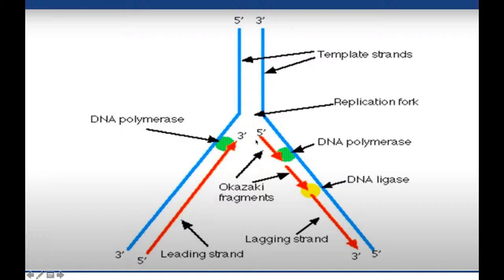On the other hand, the strand running anti-clockwise 5 prime to 3 prime also uses DNA polymerase. While doing so, there will be some gaps, some broken parts of our new template, and these broken parts will be called Okazaki fragments, and they can be fixed with the help of your DNA ligase.